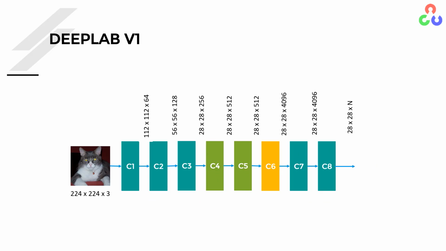First of all, the size of the volume still decreases as we go through the network. It starts with 224, goes to 112, 56, 28, and then we make some modifications to the network so that the size doesn't change anymore. Let's see what those modifications are.